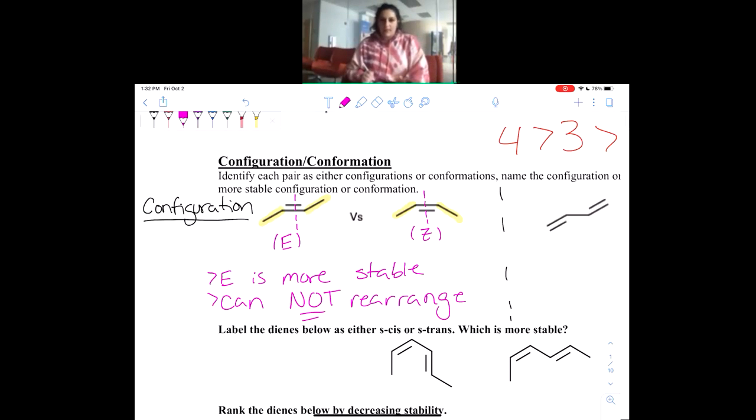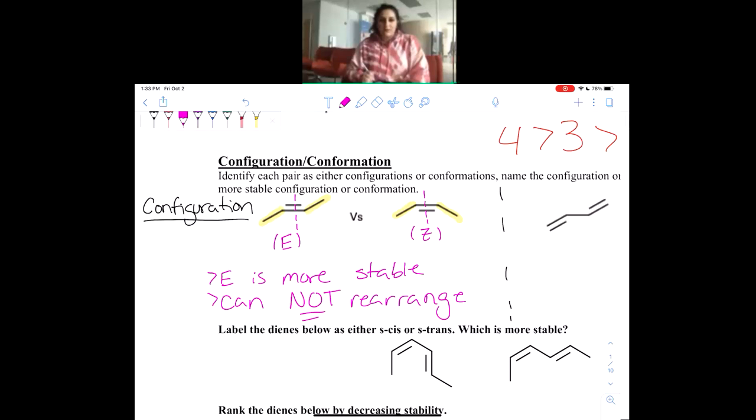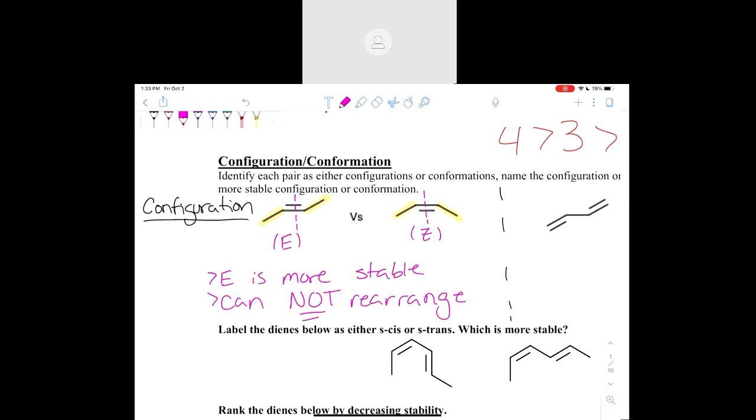Excuse me, would C have a higher boiling point? What was that? I mean, like C, due to how it's drawn, would it have a higher boiling point? Oh, a boiling point.